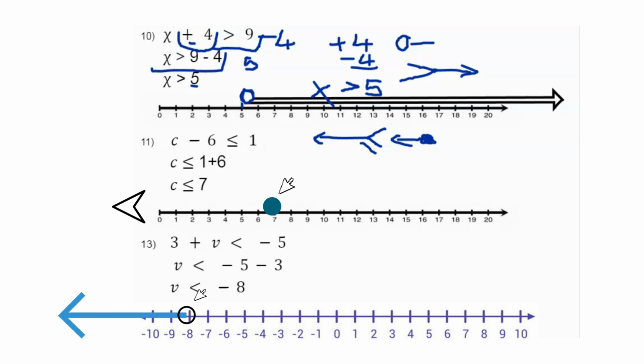c minus 6 is less than or equal to 1. So here, how do we get this 1 plus 6? Remember what we did in the first question, question number 10? We're going to do it again here.